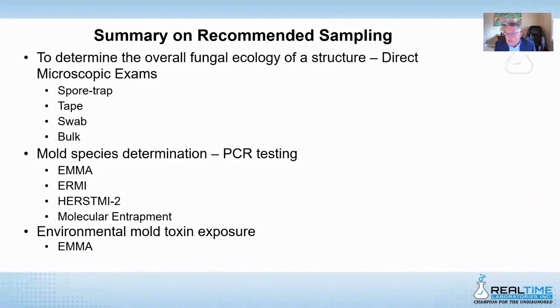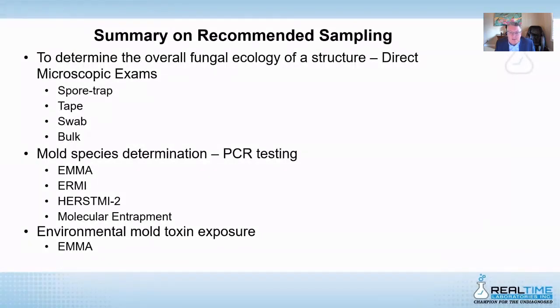So, a kind of summary for sampling, and then we'll open it up to some questions. It's a combination of sampling. We understand that when we have clients that are down this journey for environmental illness, it's a long journey. It's not an inexpensive journey. And so really making sure we're being good stewards with our clients' money, I think, is important.